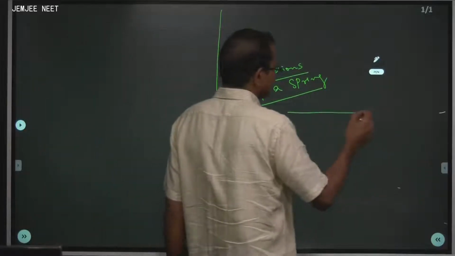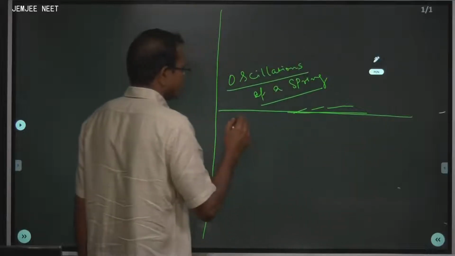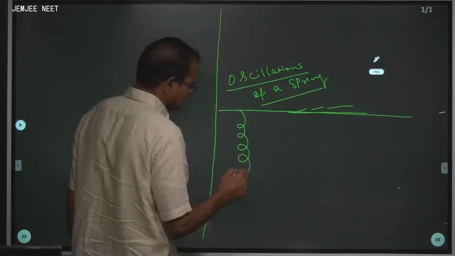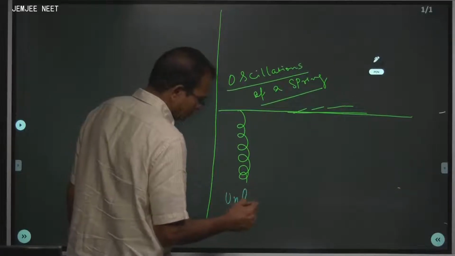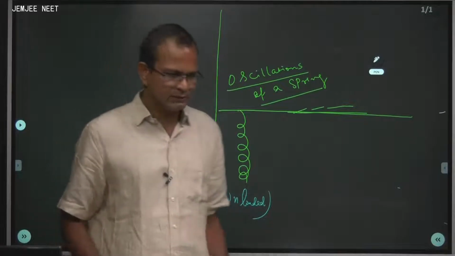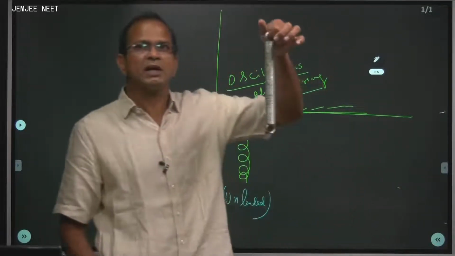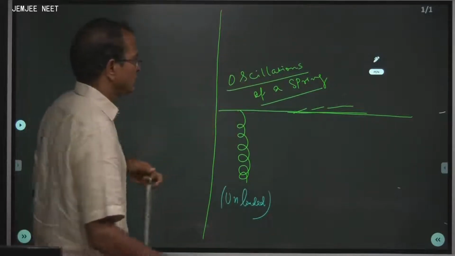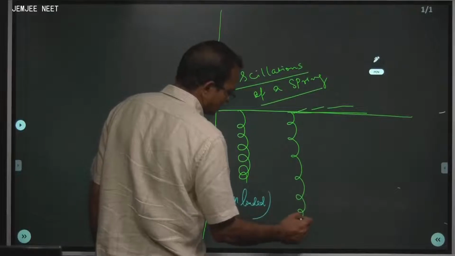Suppose it's a spring which is an unloaded spring. No mass is attached to it, so the spring is naturally called a natural spring. Suppose I load it with some mass.